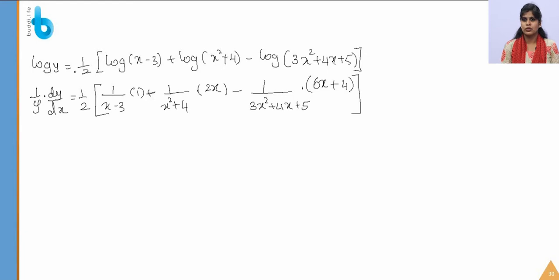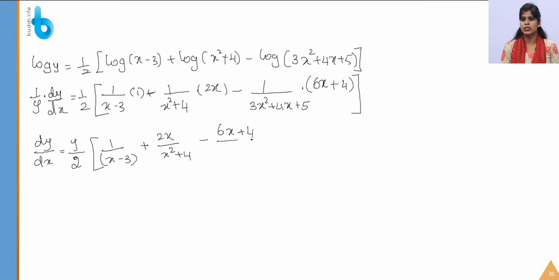So, now we want dy by dx on my left hand side. Let me take y to the right hand side: dy by dx equals y by 2 into [1 by (x minus 3) plus 2x by (x square plus 4) minus (6x plus 4) by (3x square plus 4x plus 5)].